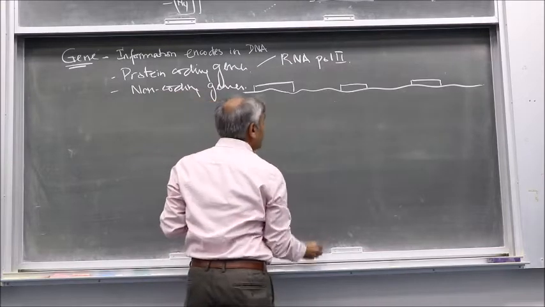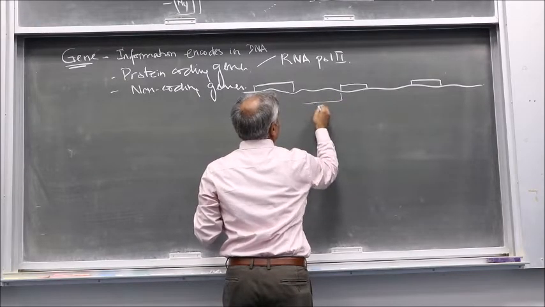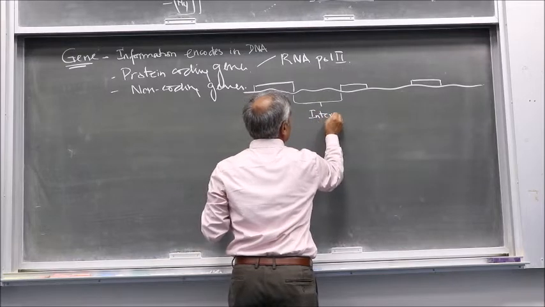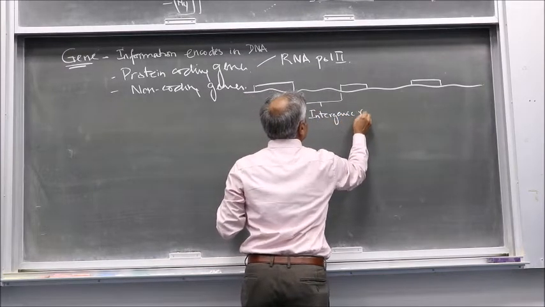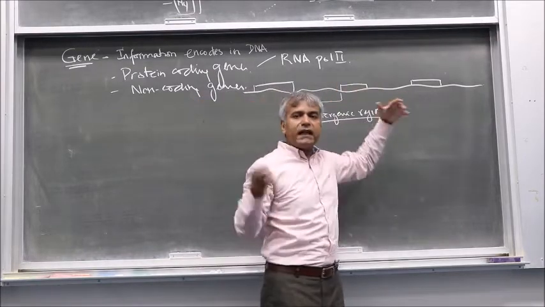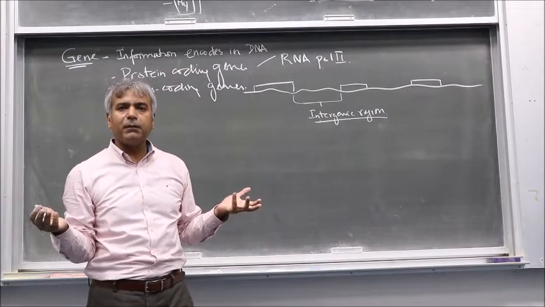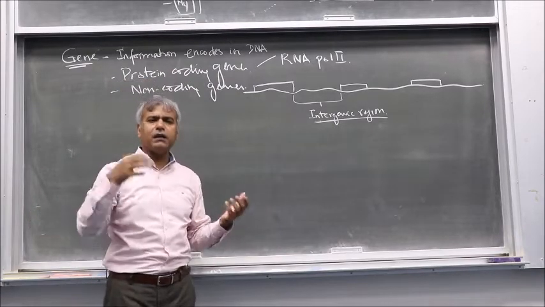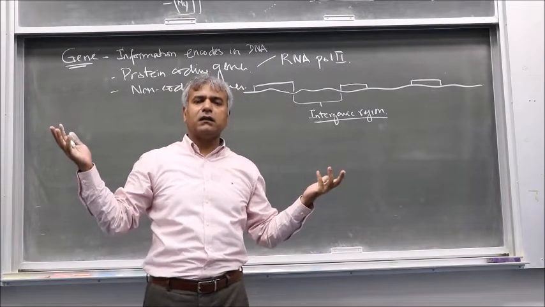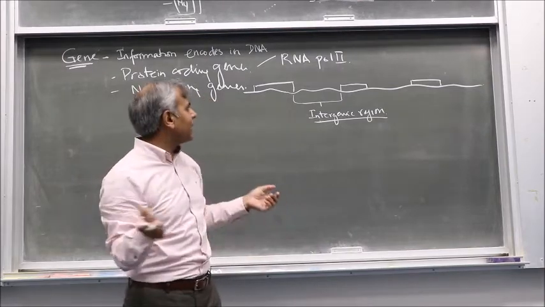And these regions are the intergenic region. These are the places in the intergenic region where normally you have these non-coding RNAs coming up, and these non-coding RNAs can be long non-coding RNAs, like we have in the imprinting genes and in X chromosome inactivation.